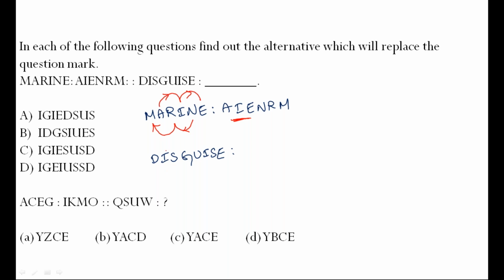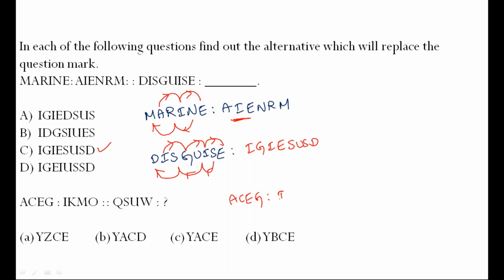Now here in the same way, I, G, I, E. Alternate letters starting with second letter I, G, I, E. From back now, SUSD, back to front. SUSD. So option C is correct. Option C is correct, right? Excellent, guys. So hope you understand this front to back and back to front logic. Very good. Now let's see the next one.